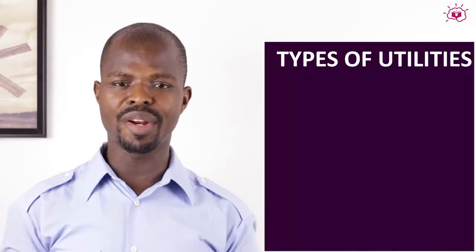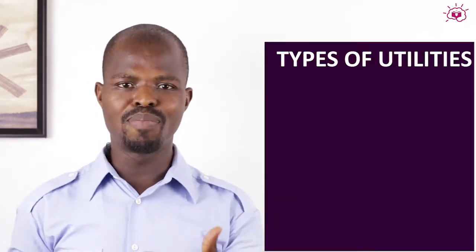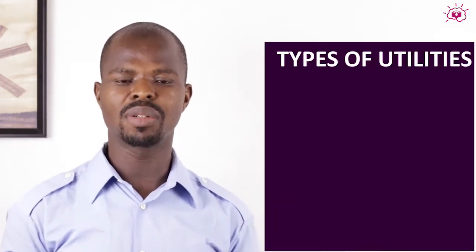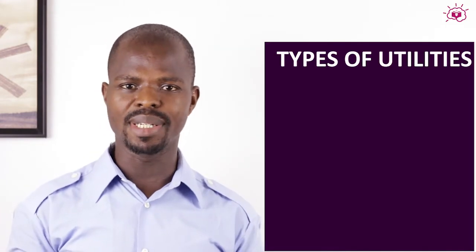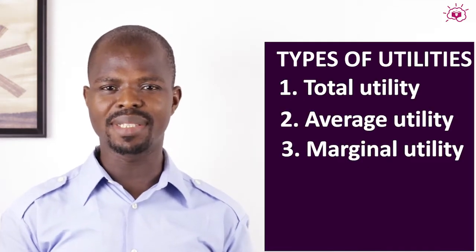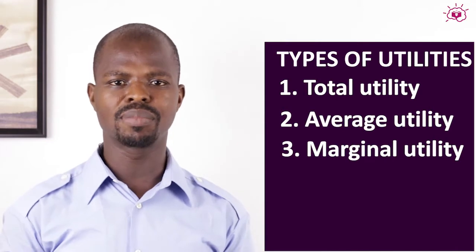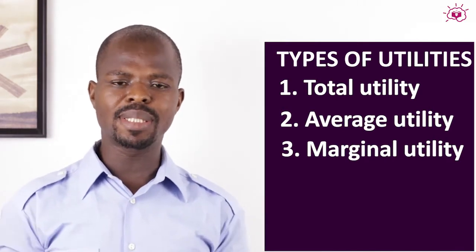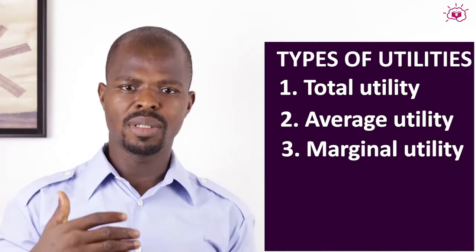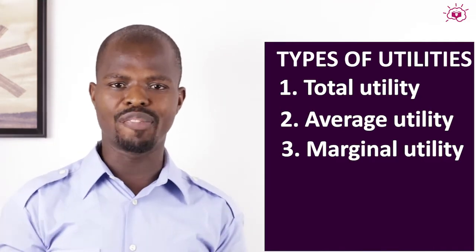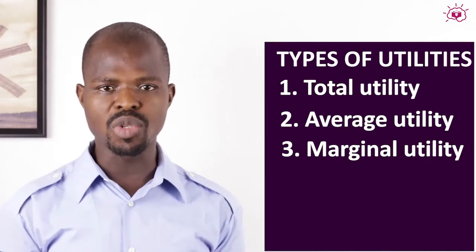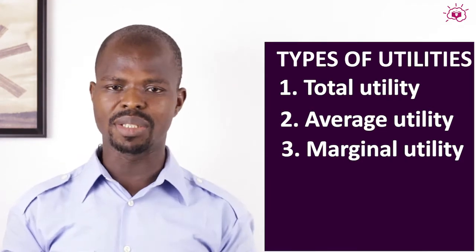Hello, in this video, we'll be discussing the various types of utility based on the cardinalist approach, and they are total utility, average utility, and marginal utility. Total utility simply means that as more of a product is being consumed, more satisfaction is derived.